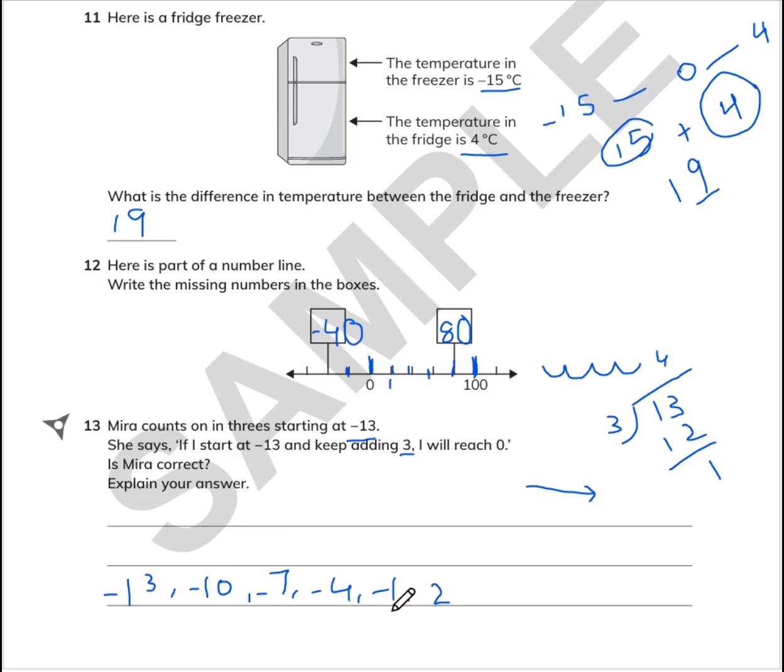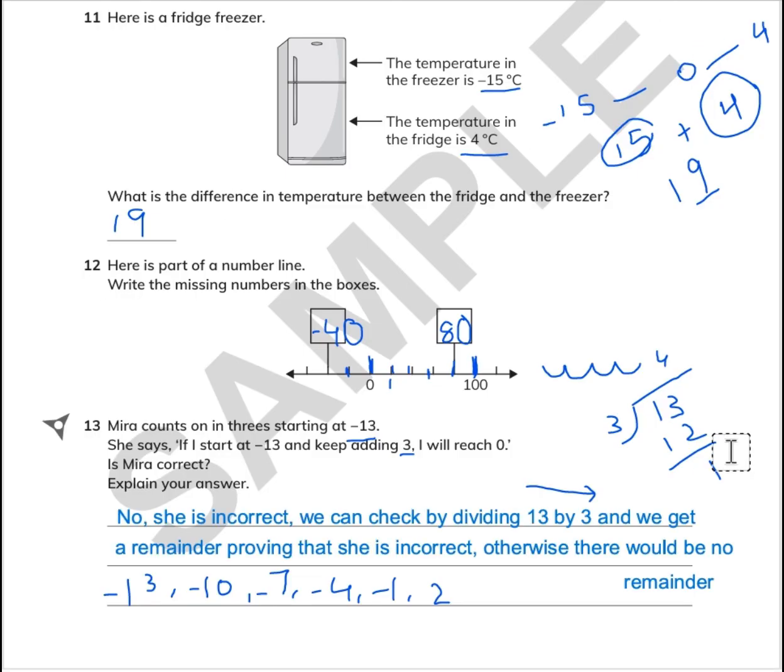From minus 1 when we again add 3, the answer will be 2. So we will not reach 0. Mira will not reach 0 here. So I will write the answer here as well. And I have written this answer. No, she is incorrect. She can check by dividing 13 by 3 and we get a remainder proving that she is incorrect. Otherwise, there would be no remainder.